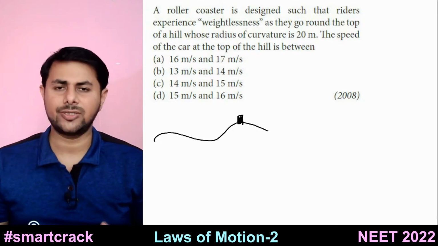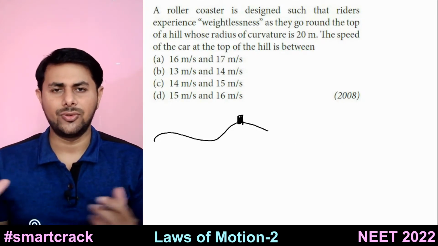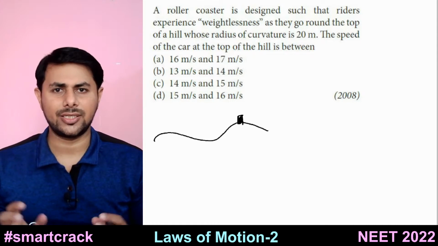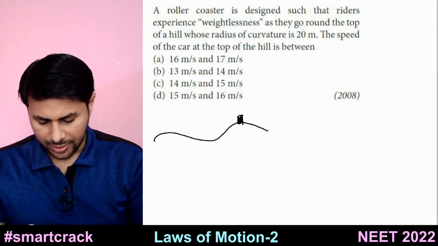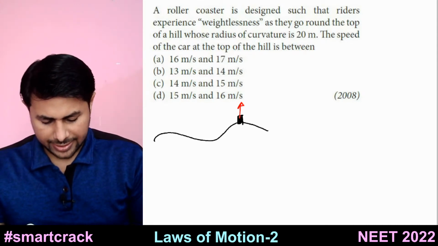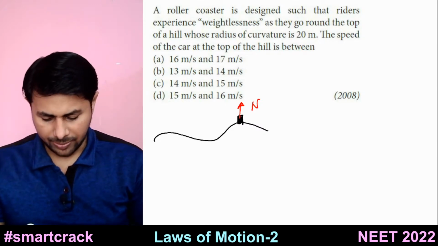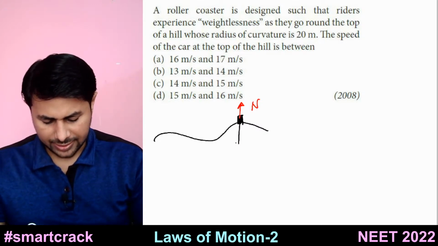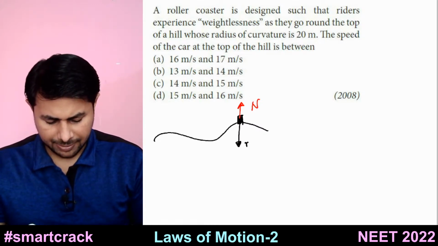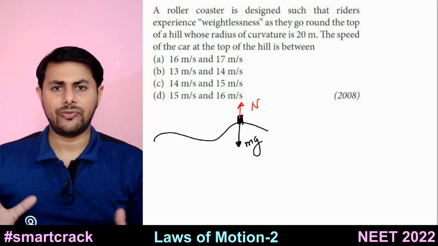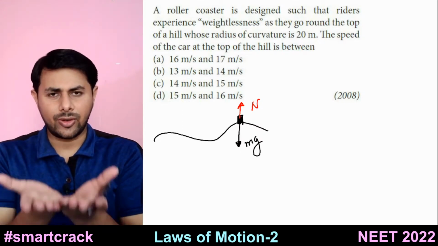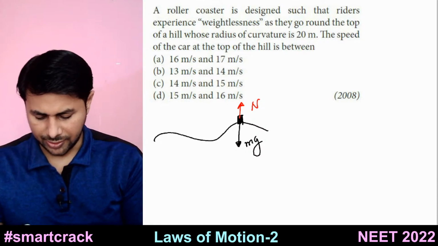Why? Because there is no normal reaction. The normal reaction is equal to 0. Normal reaction acts upwards and your weight acts downwards, mg. So you will feel weightless if the normal reaction is 0.